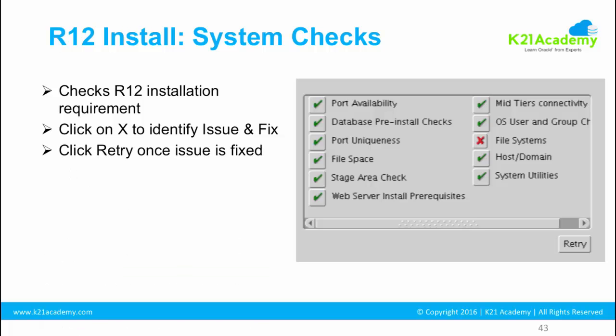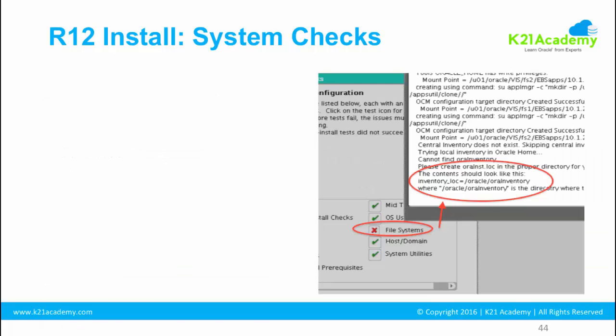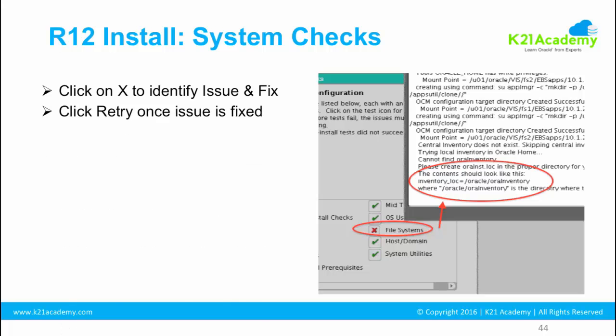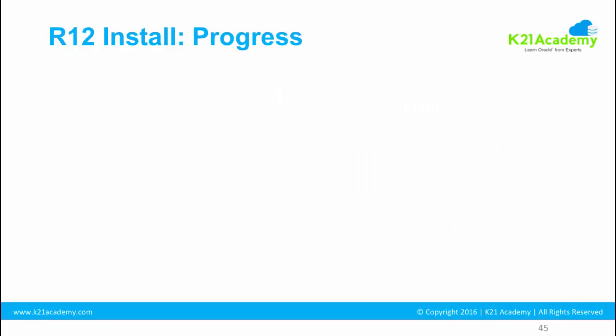Once the issue is fixed, you click on retry. For example, in my file system, I saw that the inventory pointer is missing. It says please check oraInst.loc, and the content should look like this. It looks like there's a problem in my Oracle inventory file. What that Oracle inventory is, we'll cover separately. So you fix the problem and then hit retry.